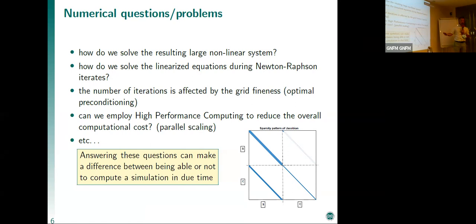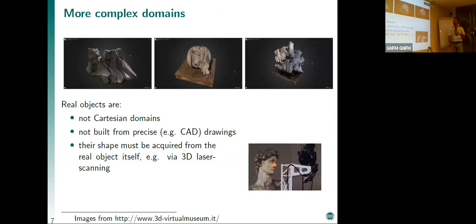The answers to all these kinds of questions are crucial to be actually able to perform a simulation in a reasonable amount of time. I'm not going to deal with these questions here because this is not the right audience to discuss this stuff. But please bear in mind that there are a lot of technical details that I'm sweeping under the carpet that need to be taken care of before we can actually perform a real simulation.